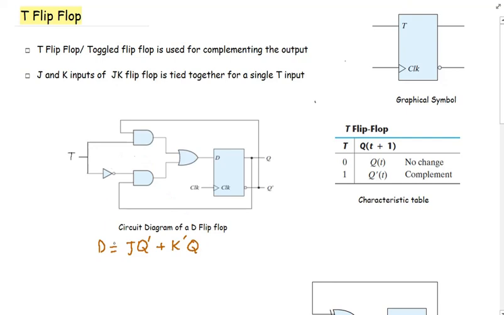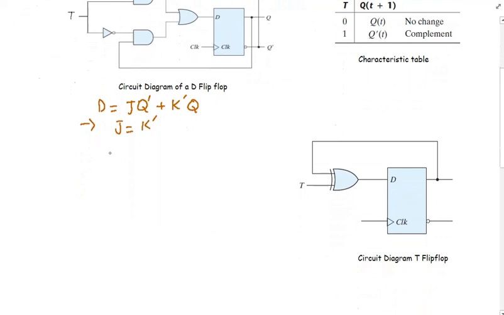In this case, J is equal to T and K is equal to T, so K' is equal to T'. So Q next here will be equal to TQ' plus T'Q. So what we will get? T XOR with the output Q. So another circuit of T flip-flop can be given by implementing this equation.